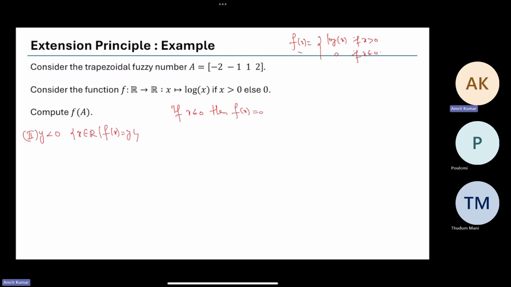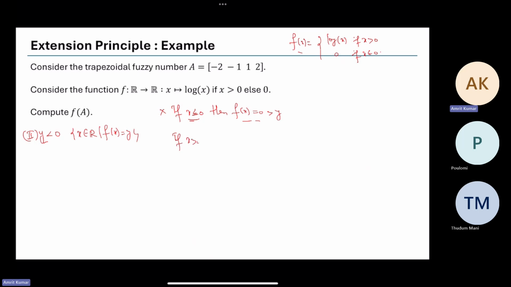So for no x less than or equal to 0 can f of x be equal to y, because for such x, f of x is equal to 0. However, our y is negative, right? So for any x less than or equal to 0, f of x cannot be equal to y. So this case is ruled out.